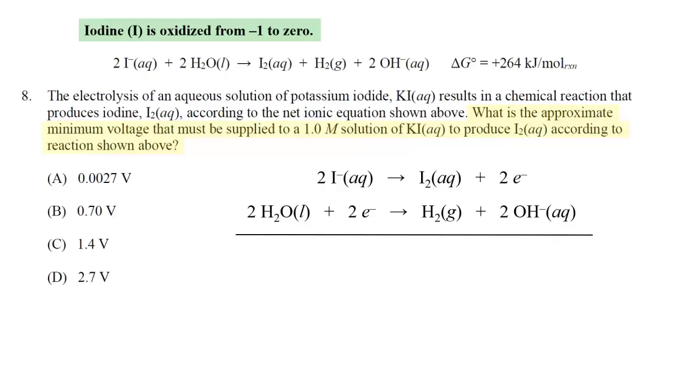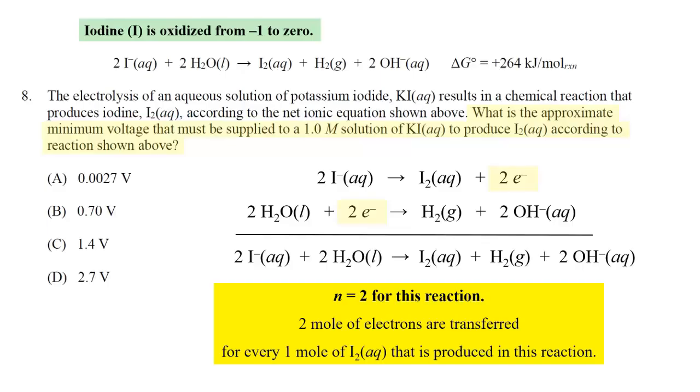Notice that when these two half reactions are added together, you would get a net ionic equation that matches what you can see at the top of this slide above this question. So now I've determined that 2 moles of electrons are transferred. So now I know that N equals 2.